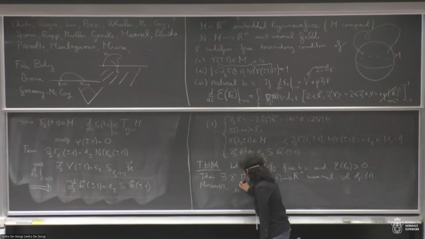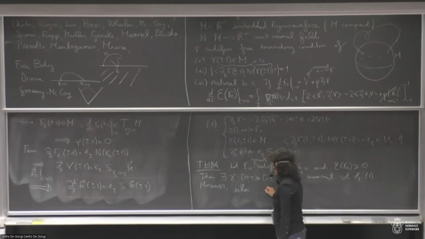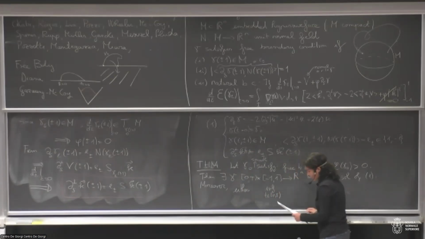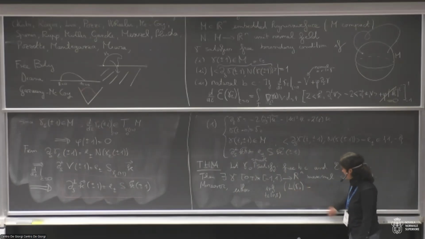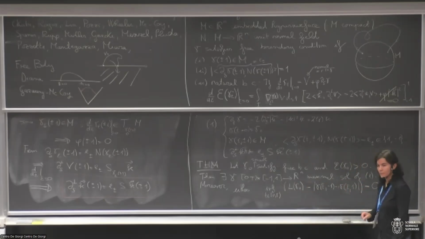Moreover, either the infimum over time of the difference between the length of the initial datum, recall the length is kept fixed along the evolution, so that is the length of gamma of t for every t, minus the distance between the endpoints of the curve, is equal to 0.